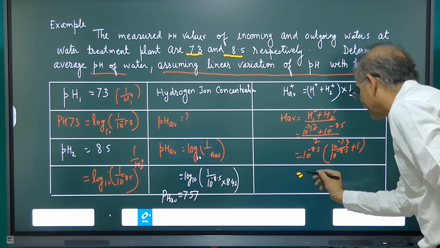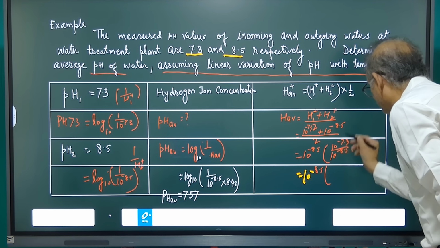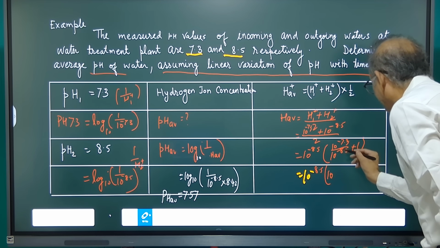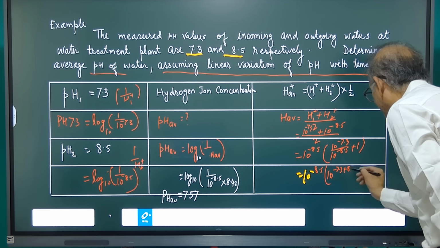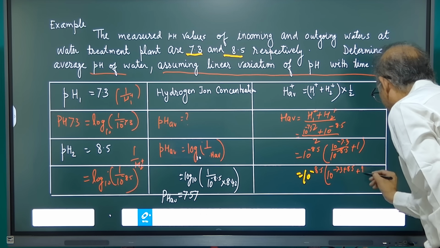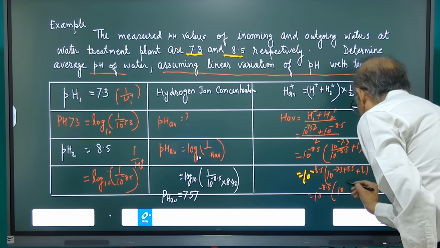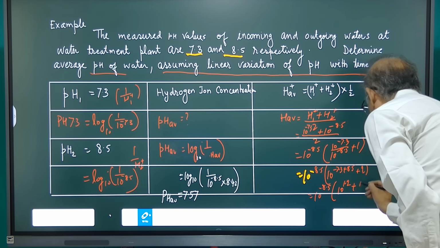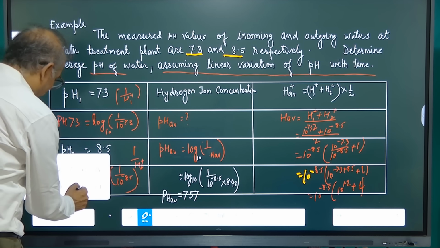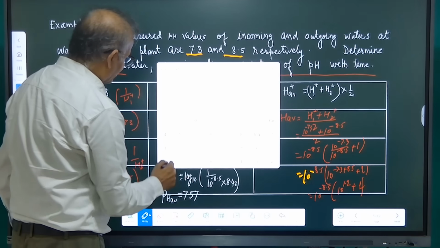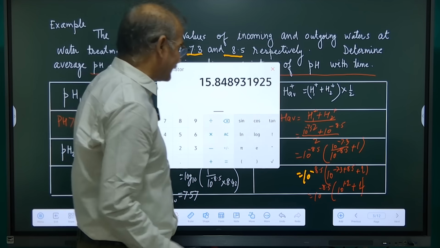Now further solving, 10 to the power minus 7.3 plus 8.5 is 10 to the power 1.2, plus 1. 10 to the power 1.2 is equal to 15.84.